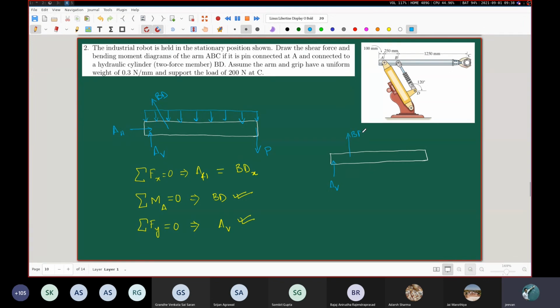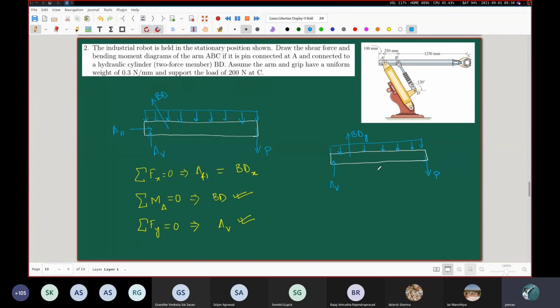So here you are taking the vertical component of this BD, you are taking this uniformly distributed load, magnitude is given to us, and let us not forget we have this force B also. So you go from this part to this part. There will be the contribution from the AV, and from this distributed load. Then you go from this point to this point, there will be the contribution of this one, and this distributed load also. That's it.